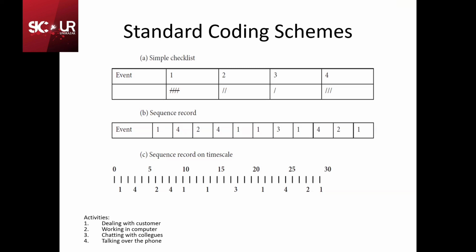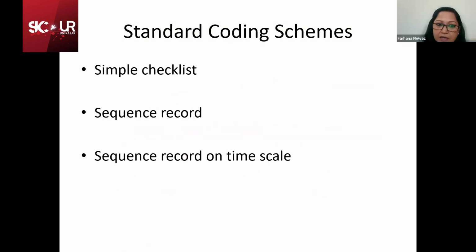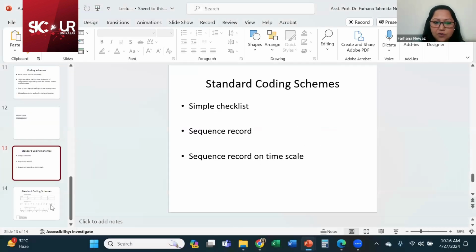Prof, can you explain again how we choose which standard coding schemes for our research? For your research, there are different schemes, depending on what you are going to watch. It depends on you. Suppose you give me some examples so that I can show you how to do it.